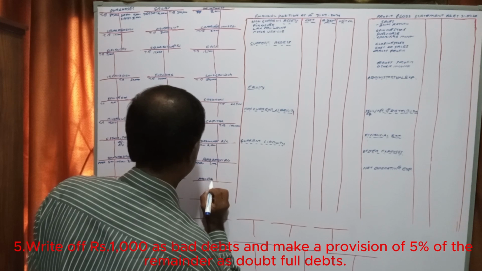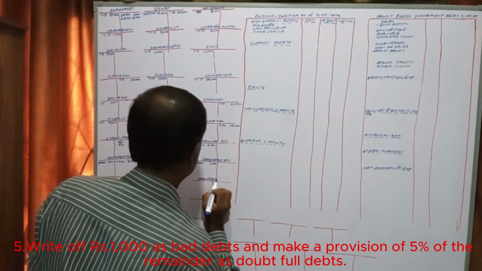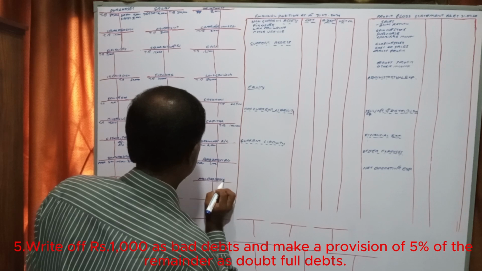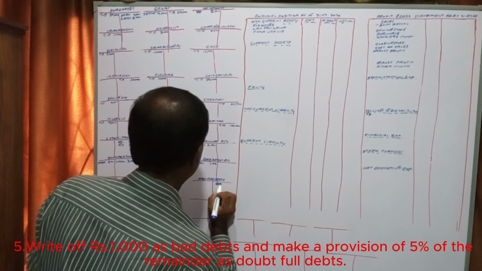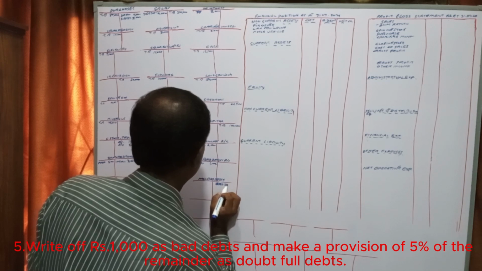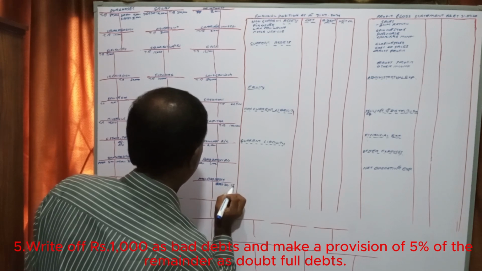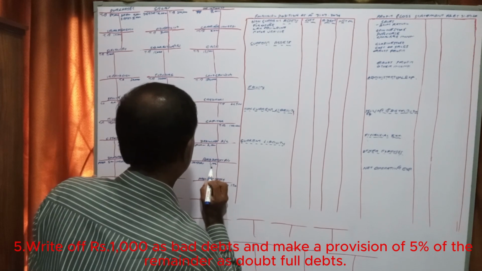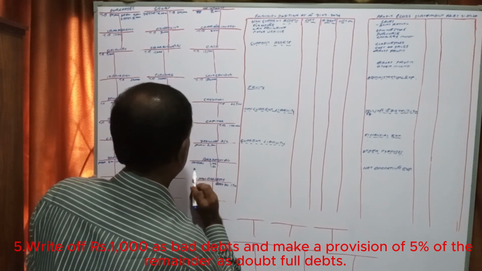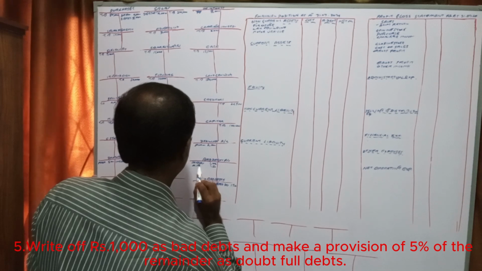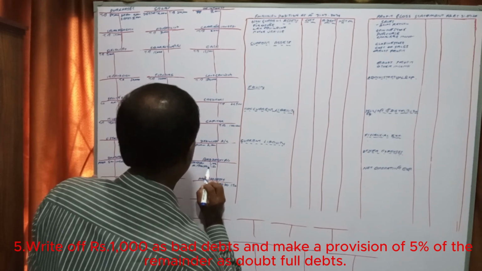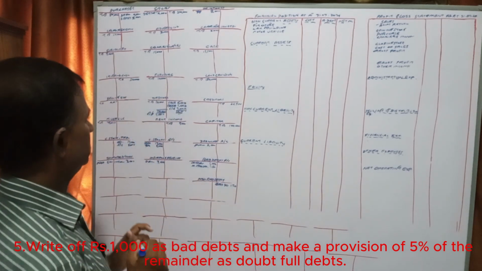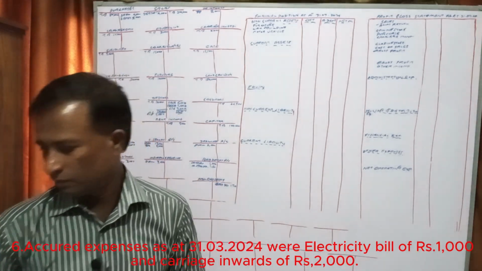Provision account credit 150, bad debts account debited. Okay, that is the entry.